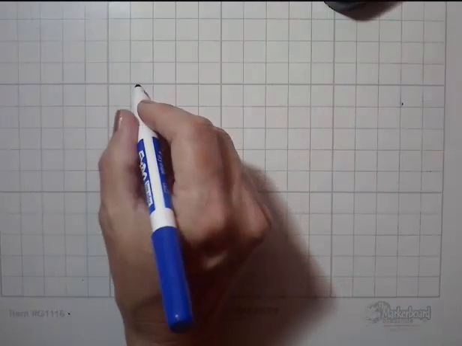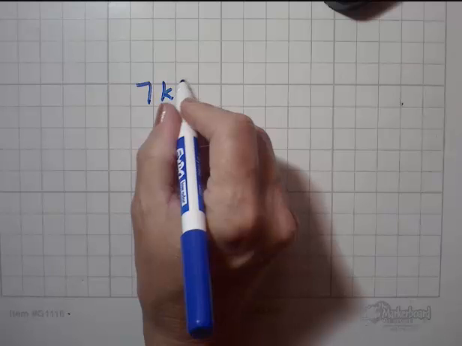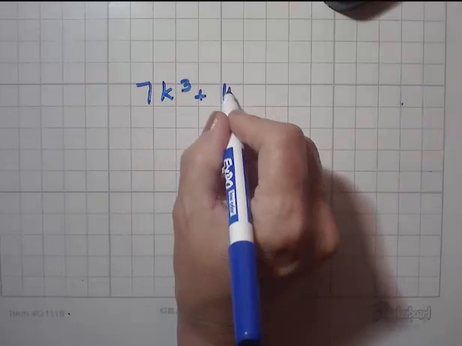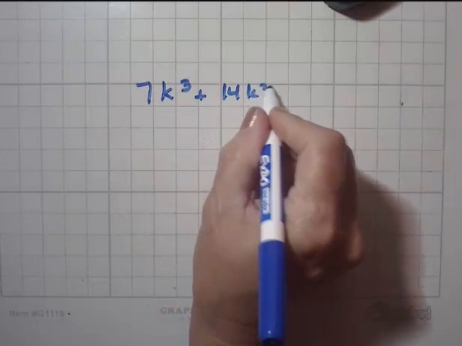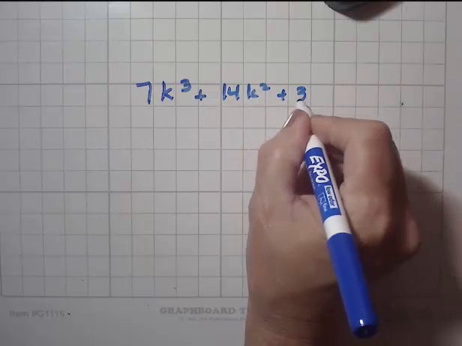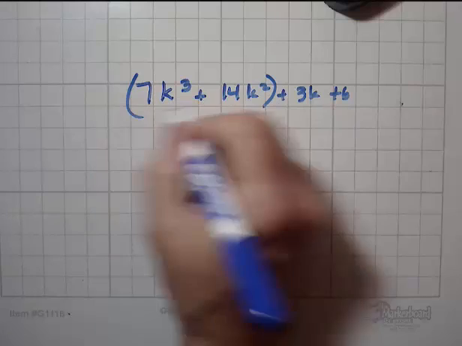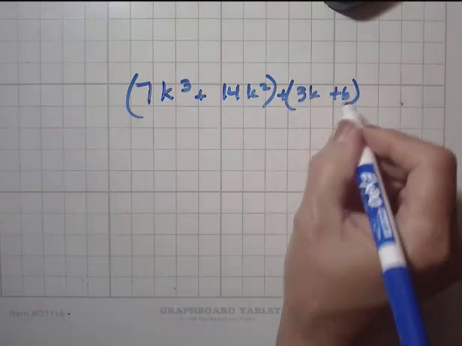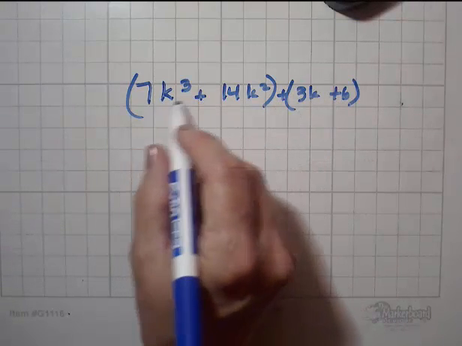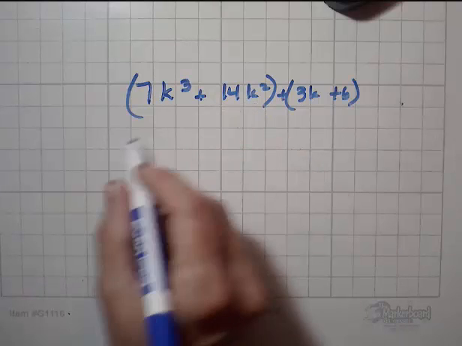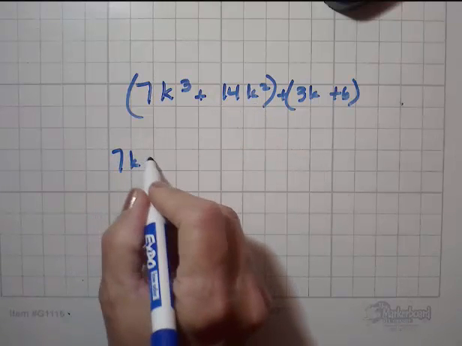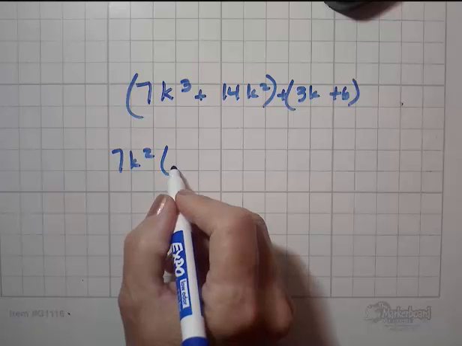Let's do another one. 7k cubed plus 14k squared plus 3k plus 6. Parentheses around the first two terms, parentheses around the last two terms. 7k cubed and 14k squared, I can take a 7k squared out of both of those.